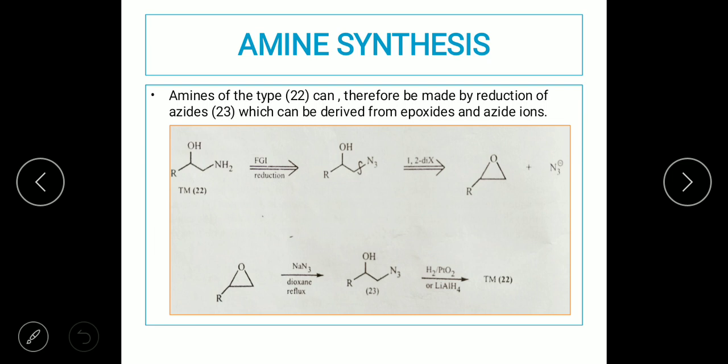So these are some examples of how we can disconnect a target molecule wherever it has a primary, secondary or tertiary amine, how we can avoid using alkyl halides, and instead use acyl chlorides, ketones, aldehydes and also azide as intermediates, so that we get unreactive intermediates and suitable starting materials to form the products. So this is about amine synthesis.